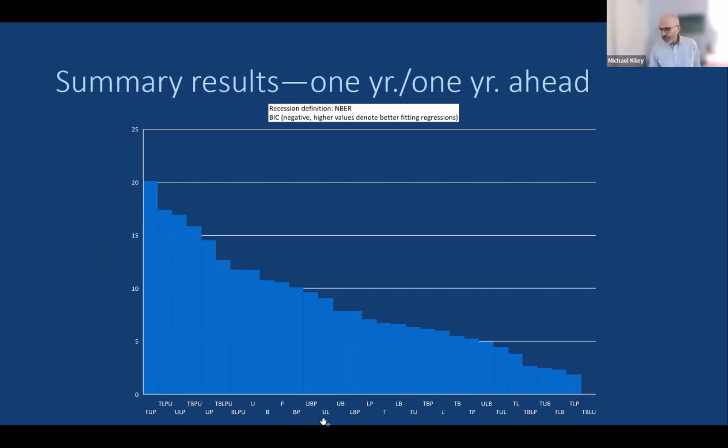Term spread, leading indicator and bond spread is the 3rd worst fitting model. So the traditional predictors at a 1 year ahead horizon predict very poorly. That is, again, very consistent with the existing literature. This suggests that at a longer horizon, the existing literature has ignored the unemployment rate and inflation.